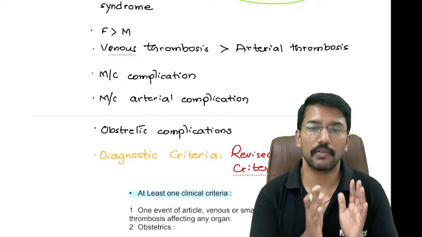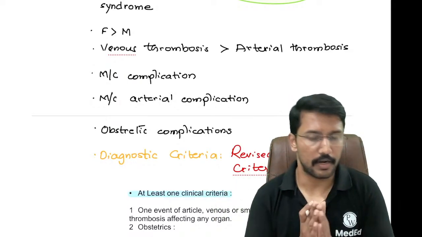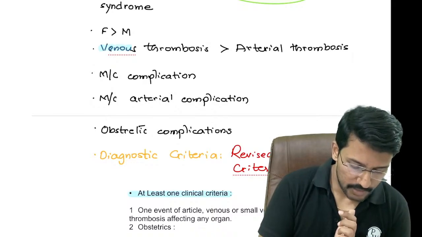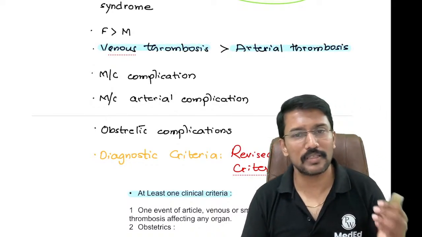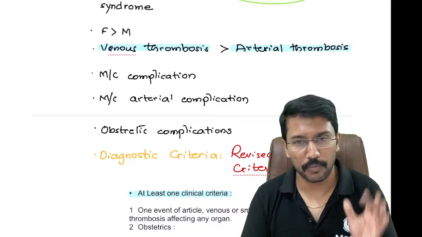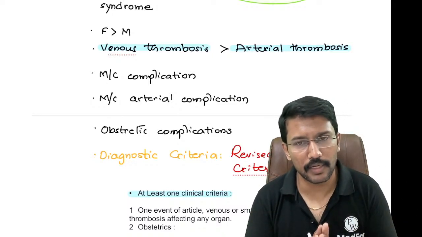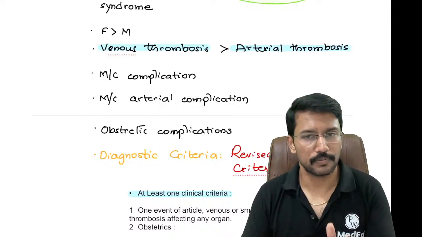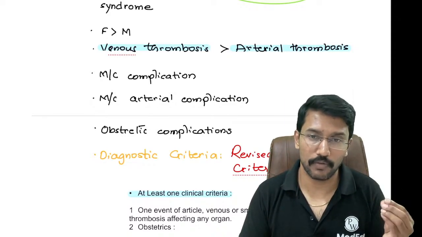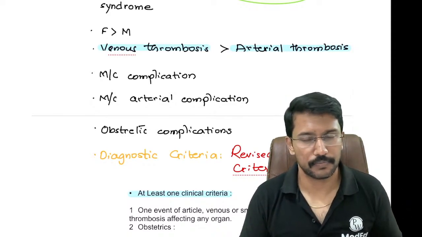Most importantly, we are developing clots in the veins more than arteries. This point appears multiple times in MCQs asking you which of the following is a false statement about antiphospholipid syndrome, right? And one of the statements would be like arterial thrombosis is more common than venous thrombosis. That's false. Veins are the ones which are more likely to develop clots than the arteries.